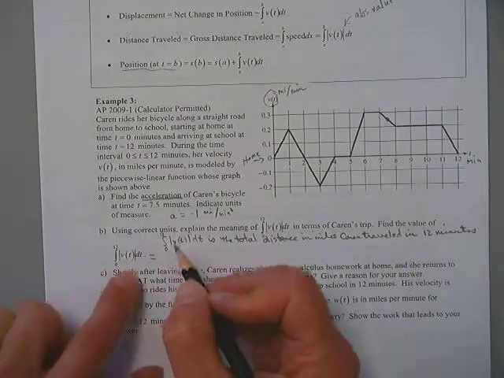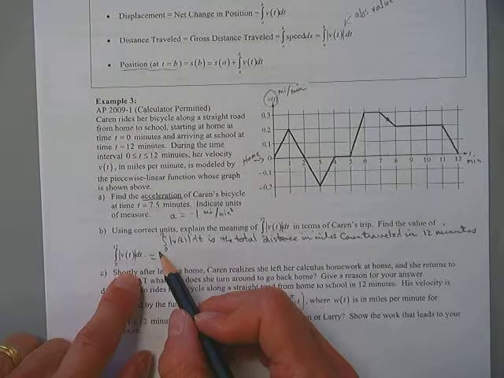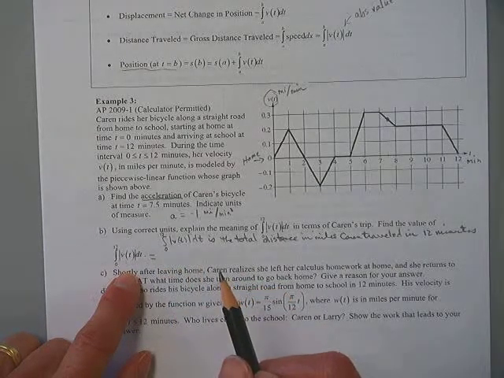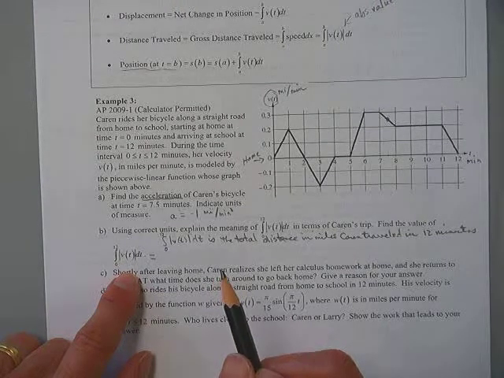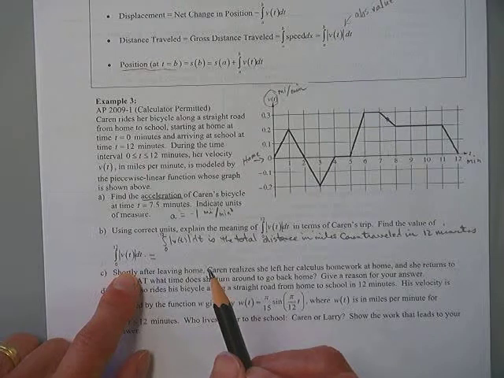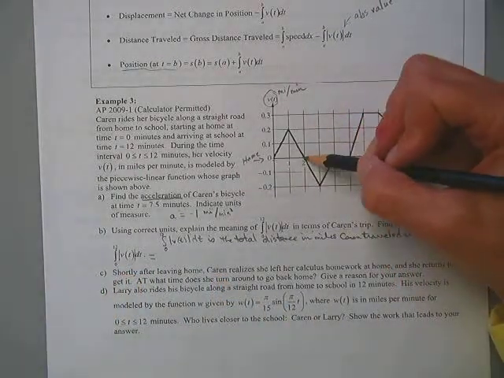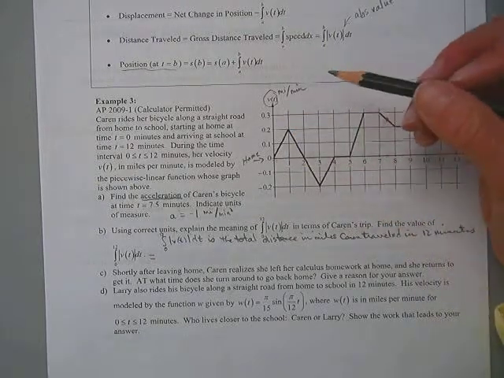Then they ask us to actually find the value of this. How do you find the integral? The integral is the area between the curve and the x-axis. Okay, just use geometry. This is a triangle. 1/2 base times height.